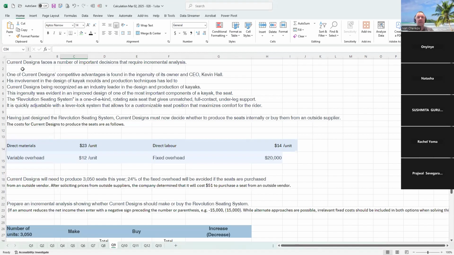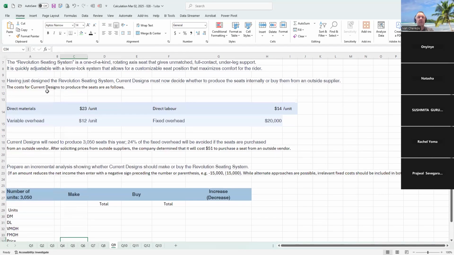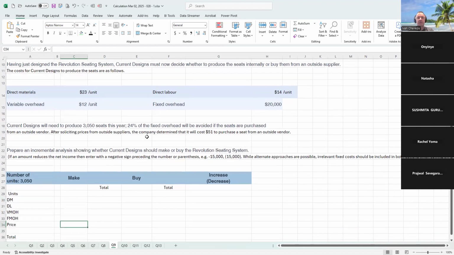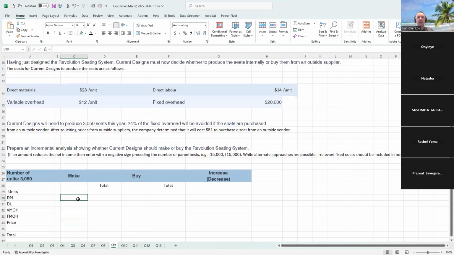First question, that's question 10. The company is making seats for the canoe and they come up with the cost. So we have to decide: should I make it or should I buy from outside? Now, what does it cost me to make it? Direct material, I have $23.